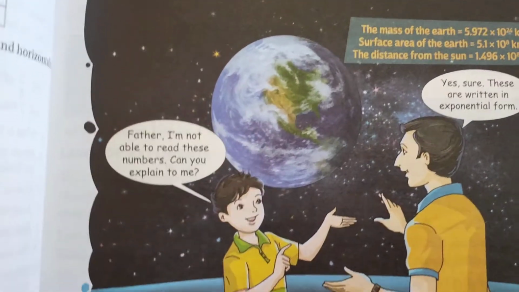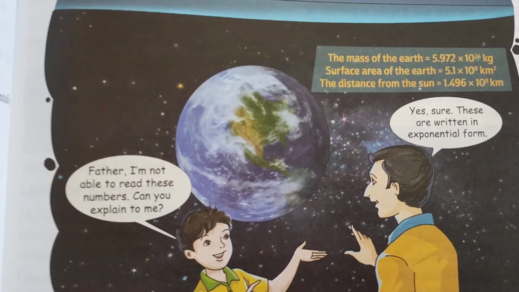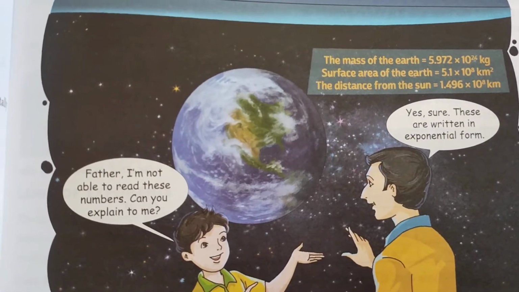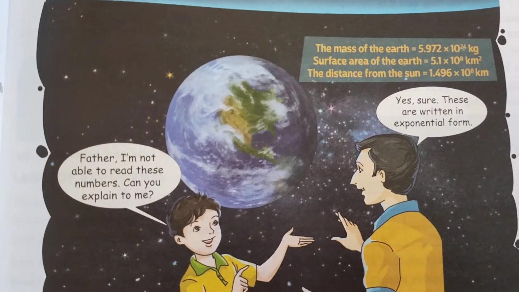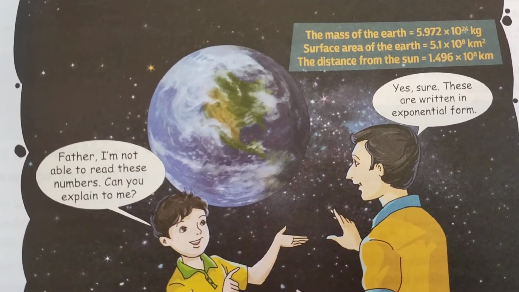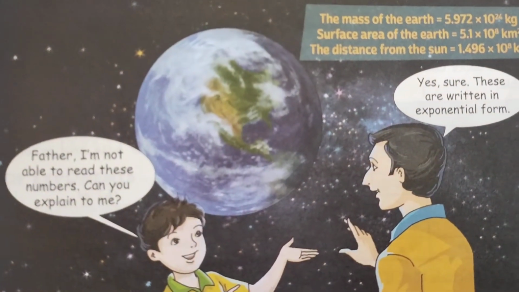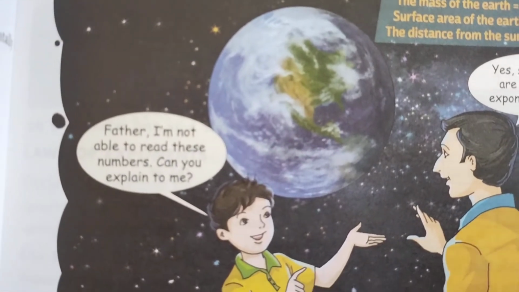See here, there are two people, father and son, discussing. The mass of the earth is equal to 5.972 into 10 to the power 24 kg.